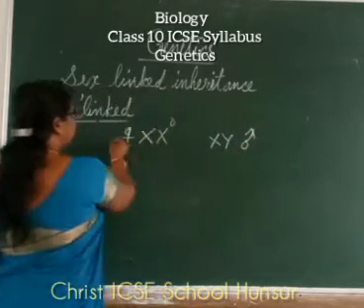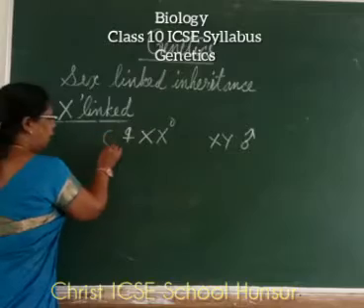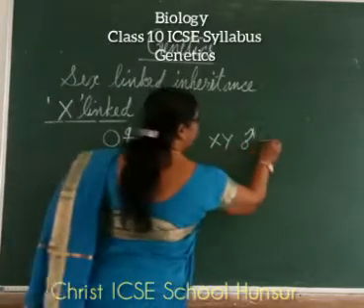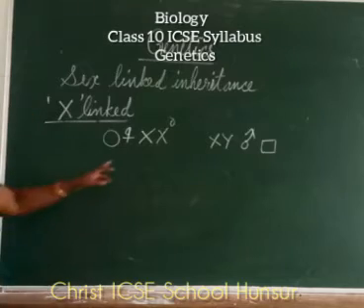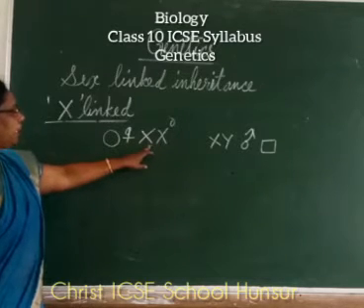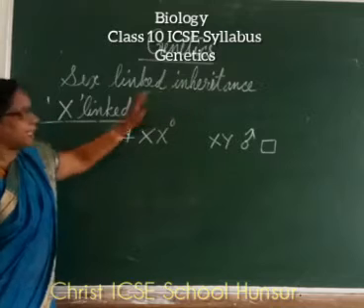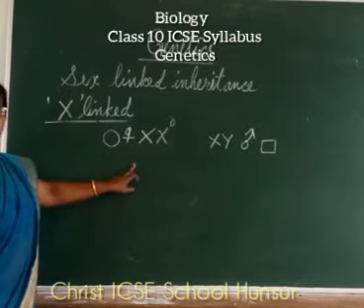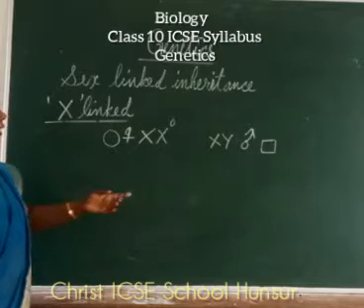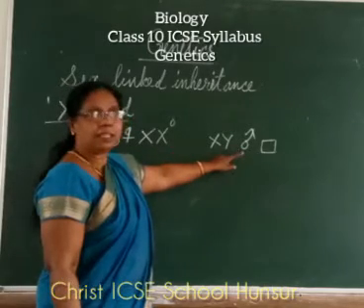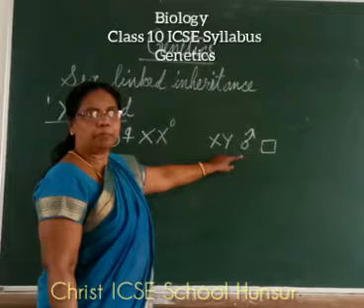Otherwise you can show the symbol like this. For female, a round symbol like this. For male, a square symbol like this. Okay, so here what about the female? You can see the mother is a carrier, but she will not show any such character externally or outside, whereas the father is a normal one.